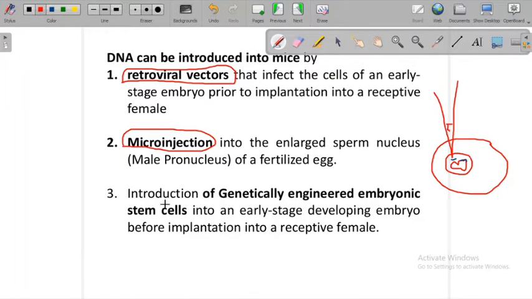Then the next one is the introduction of genetically engineered embryonic stem cells into an early stage embryo.